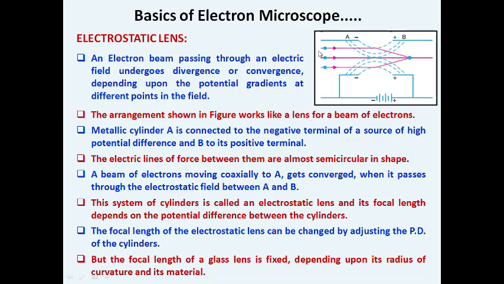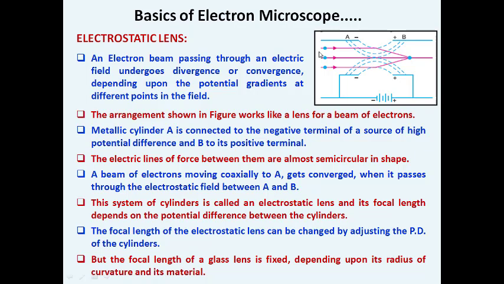You just find that whenever the electron beam is passing through the cylinders, A and B, which are curvilinear cylinders, we have a high negative potential on one side and a high positive potential on the opposite side.